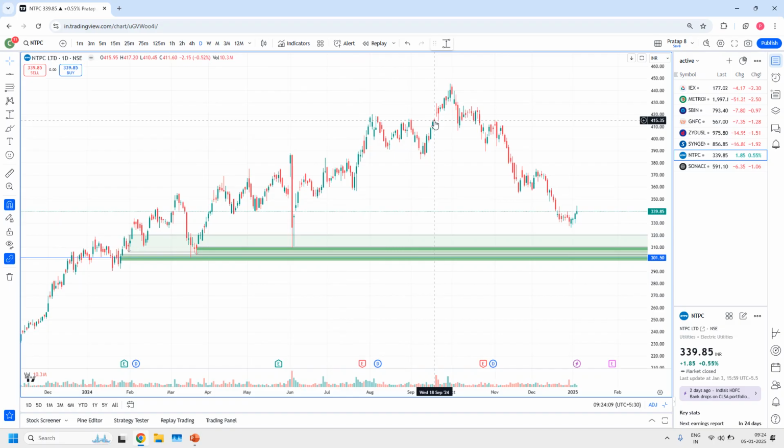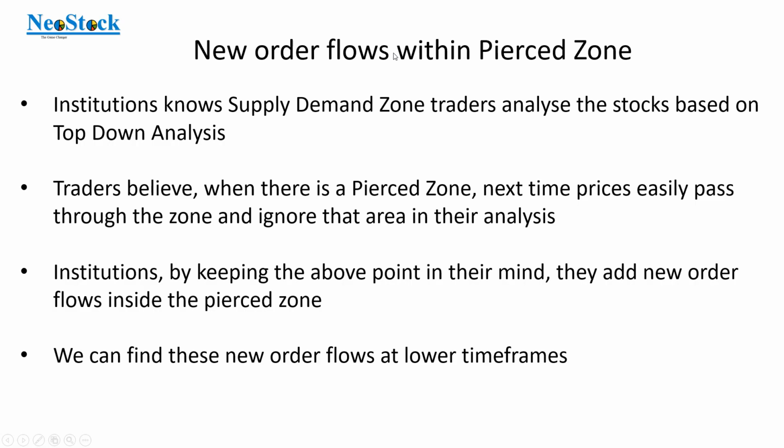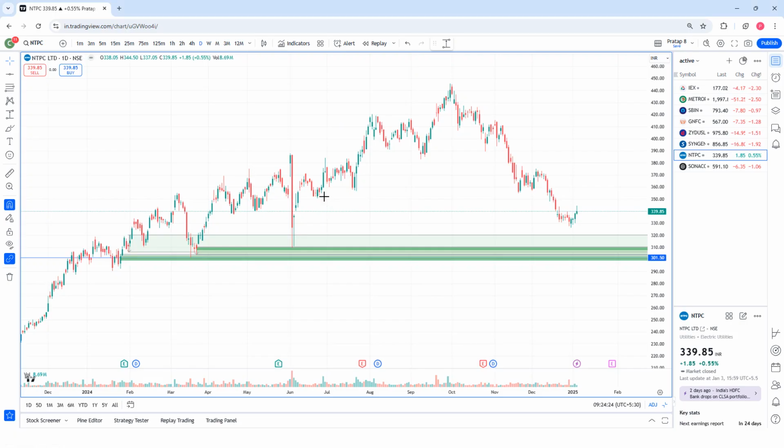A pierced zone, which we feel doesn't require taking any trades from this zone, but today it gave a huge profit. Because all these days you were not aware of these concepts. Which concepts? New order flows within pierced zone. Why new order flows? How institutions are thinking about retail traders.